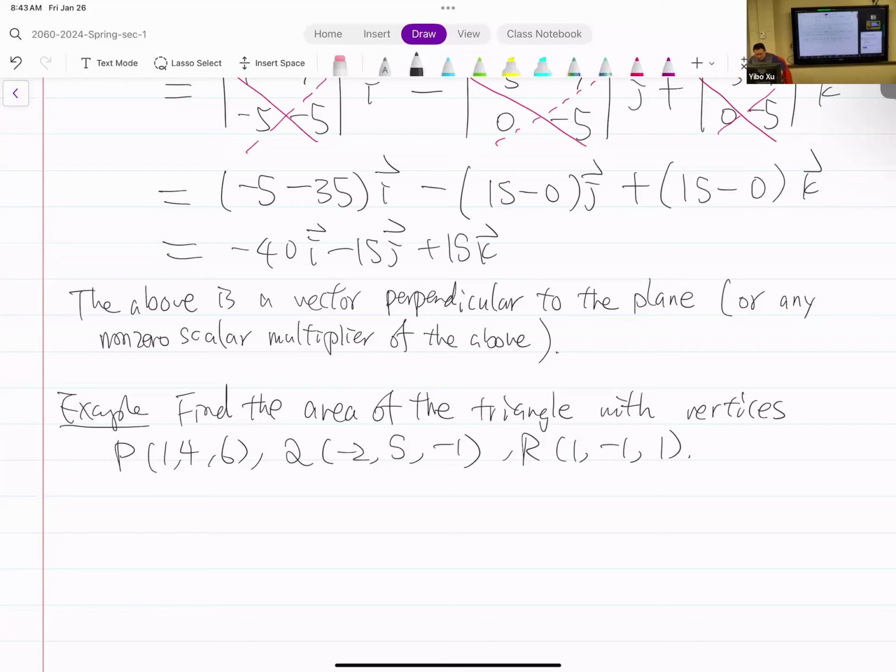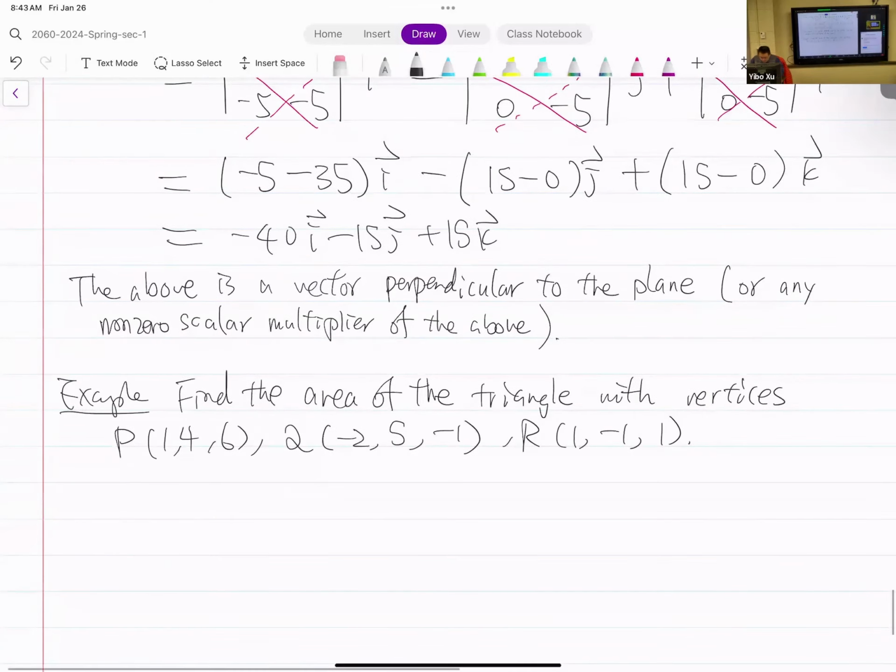I think in the homework, you see a special triangle that has some special geometric properties. But now these 3 points may not have such a nice geometry, right? But we still can calculate it. So basically, we have P. Again, we just ignore the exact locations, but as long as they form a triangle, or even if they don't, even if they are along the same line, you are still able to calculate the cross, right?